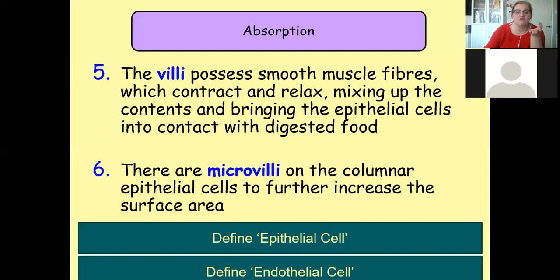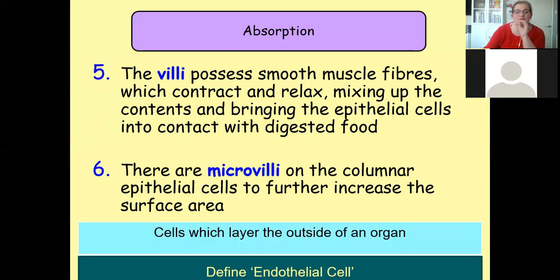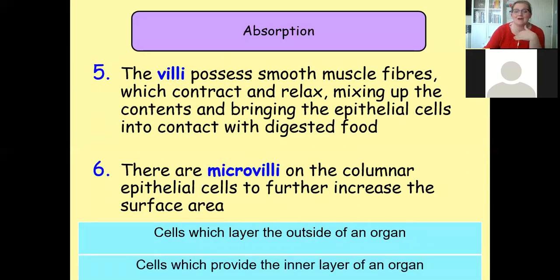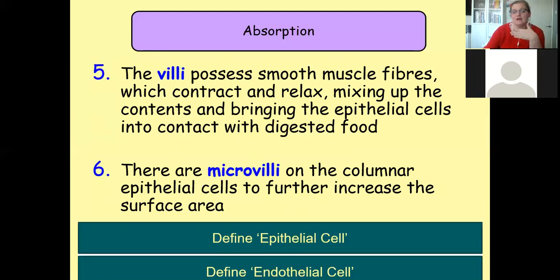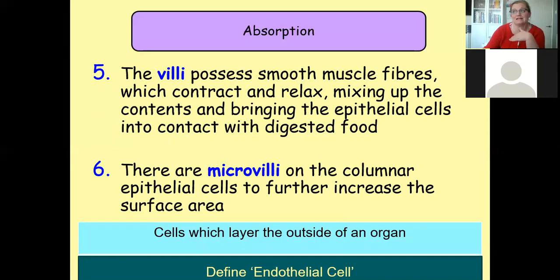There are microvilli on the columnar epithelial cells to further increase the surface area. An epithelial cell is a cell which layers the outside of an organ, and an endothelial cell is a cell which provides the inner layer of an organ. That is the difference: epithelial, outside layer of the organ; endothelial, inside layer of the organ.